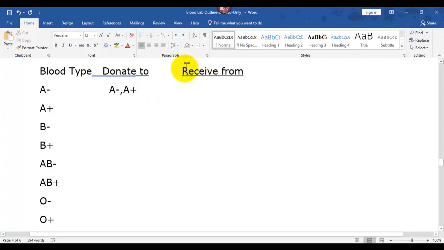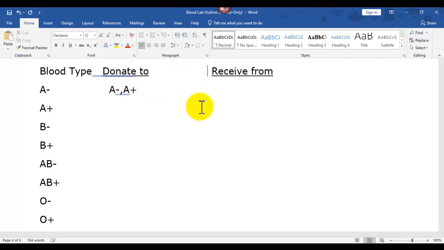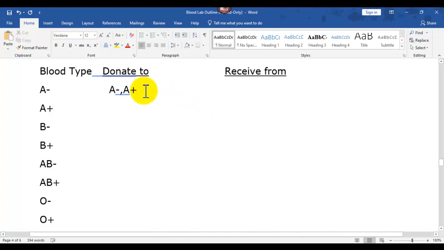And I may have to make this even a little bigger. So I don't want to make the video very long, but I've already messed that up. So who can you donate to? All right, A negative, A positive, AB negative, and AB positive.